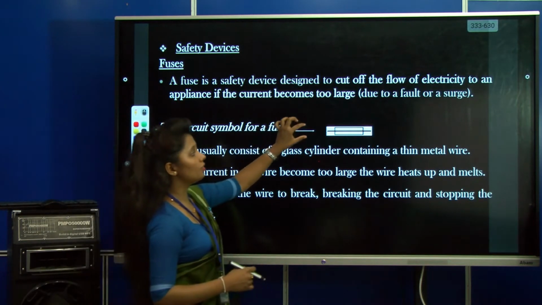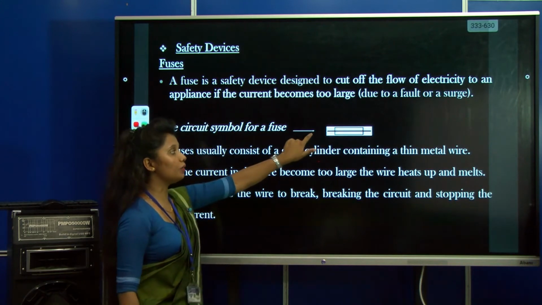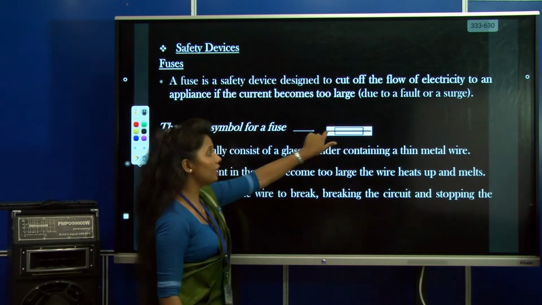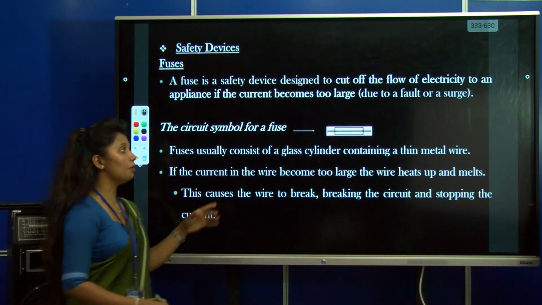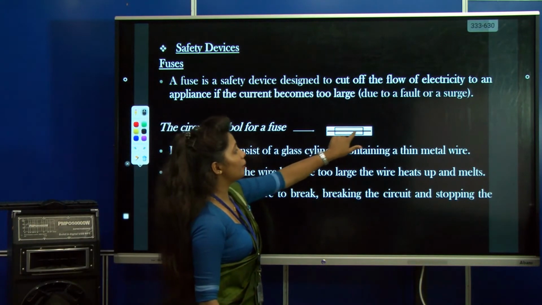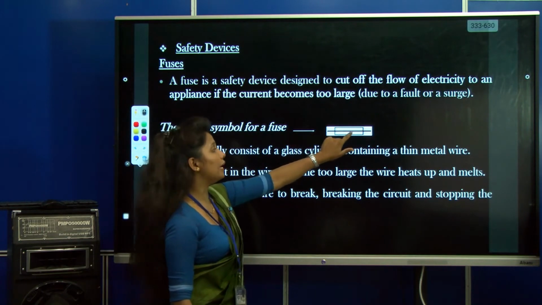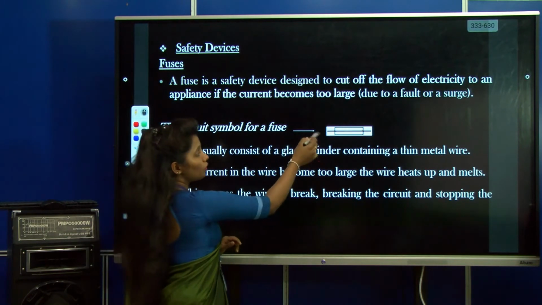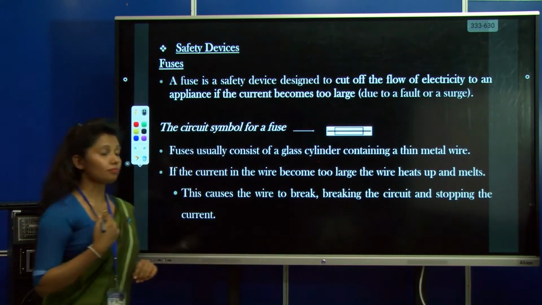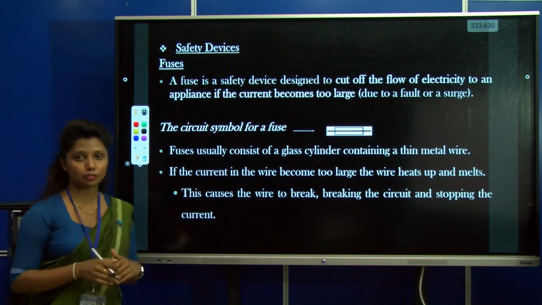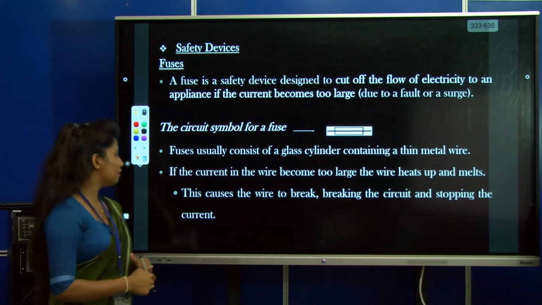Inside that cylindrical shape you can see a metallic wire. When there is a high current flow, this metallic wire will melt, so that the current won't flow from here to here. So, it will save us from getting electrified.